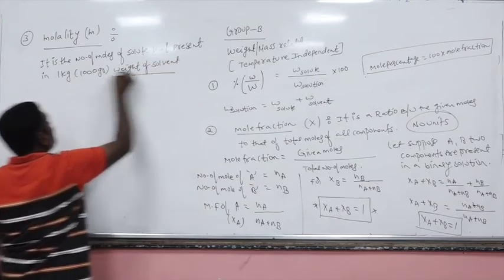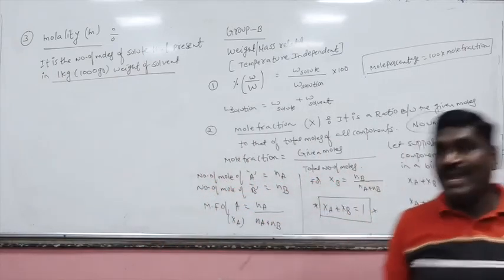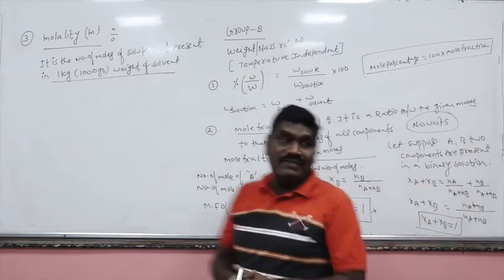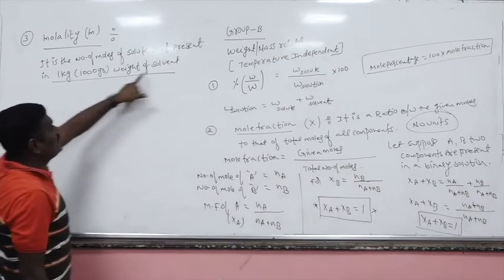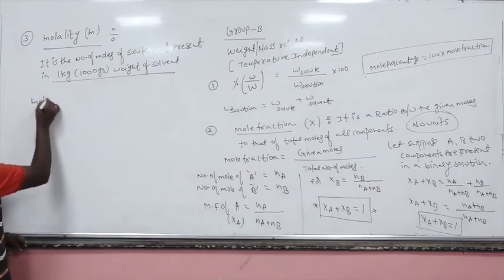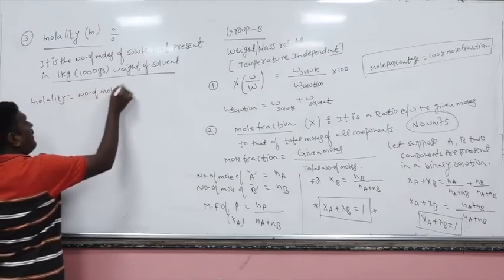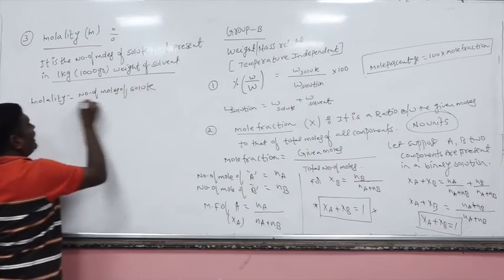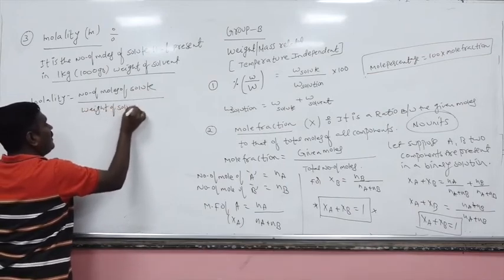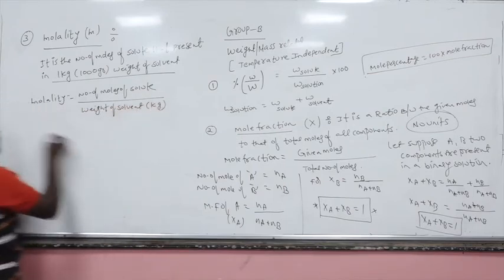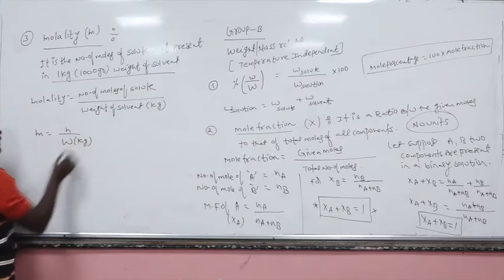This is very important. In molarity, it is the number of moles of a solute present in 1 liter of solution. But in molality, it is the number of moles of a solute present in 1 kilogram of solvent, or 1000 grams of solvent. Molality is equal to the number of moles of solute divided by the weight of solvent, which is obviously expressed in kilograms. Molality, small m, is equal to number of moles upon weight of solvent, capital W, in kilograms.